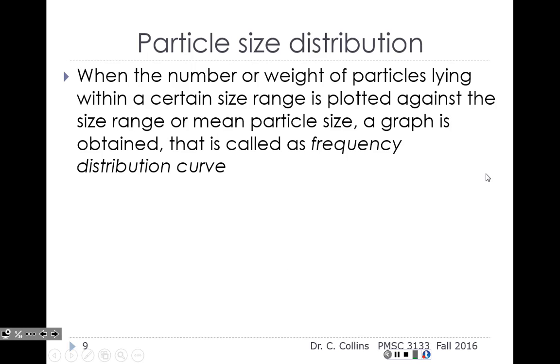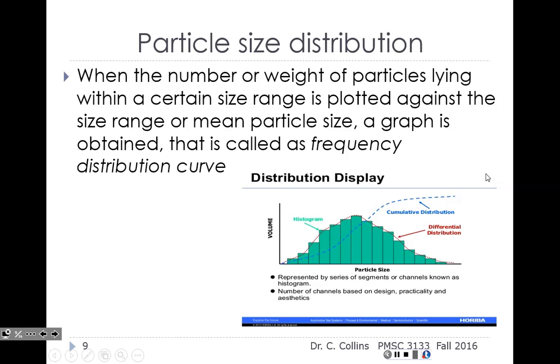All right, so when the number or weight of particles lying within a certain size range is plotted against a size range or mean particle size, a graph is obtained, which is what I sort of drew up there to start with. So in this case, this is volume. It could just as well have been diameter. It would look similar, but this is volume versus particle size. So the histogram, or the number in each of those particular size ranges.